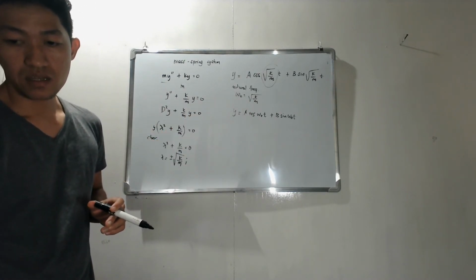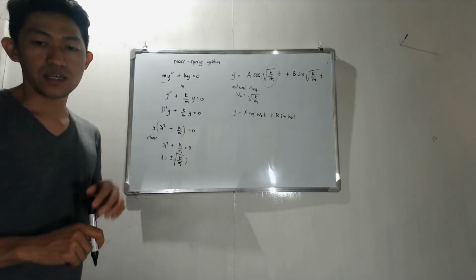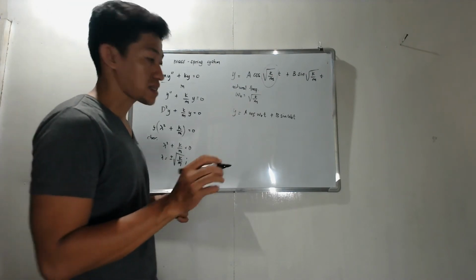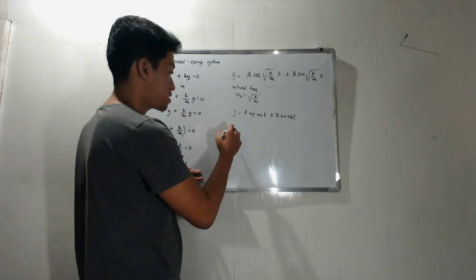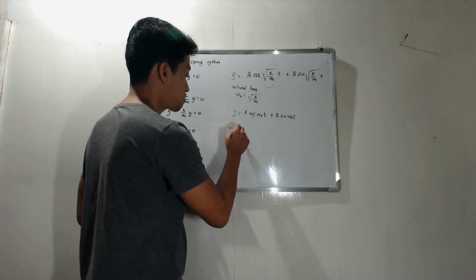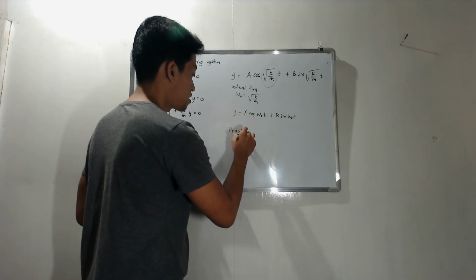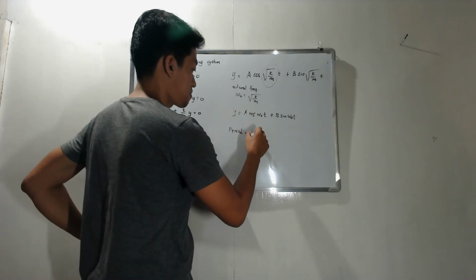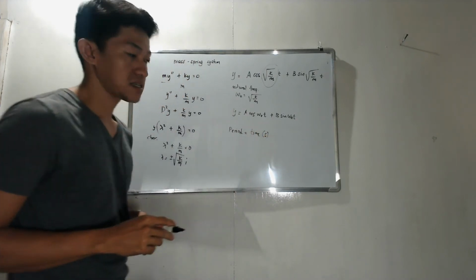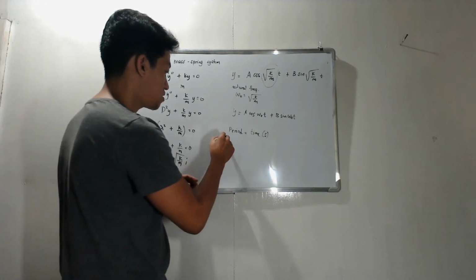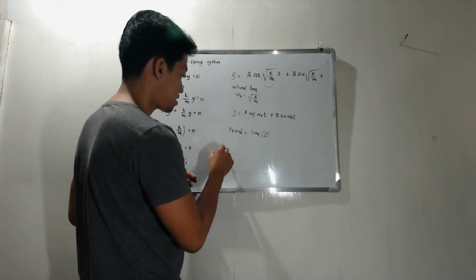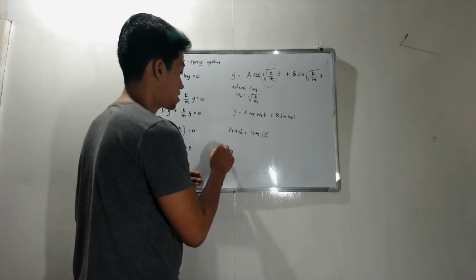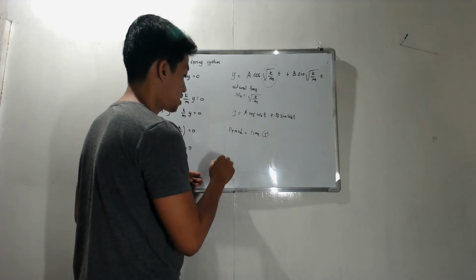So for a simple harmonic motion, meron tayong tinatawag na, let's define some terms like period. Ang unit ng period is in time, like seconds or minutes. Time ang unit niyan. So if you have this, this is the graph of a cosine.